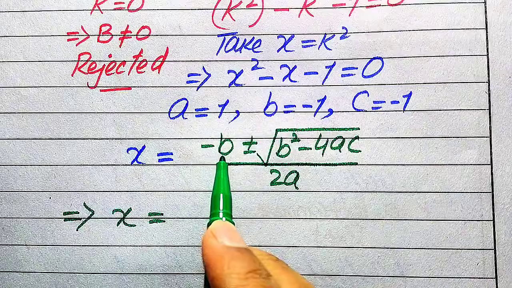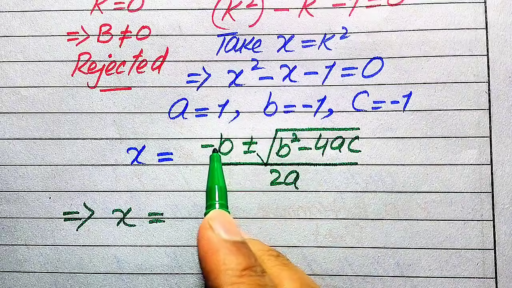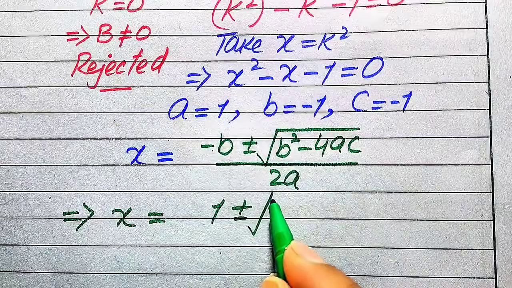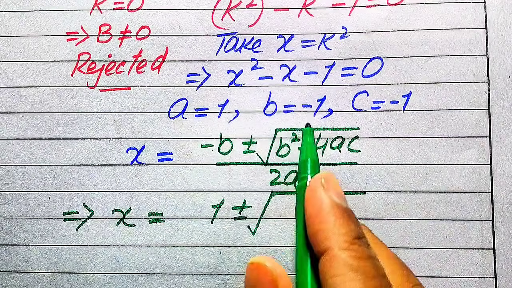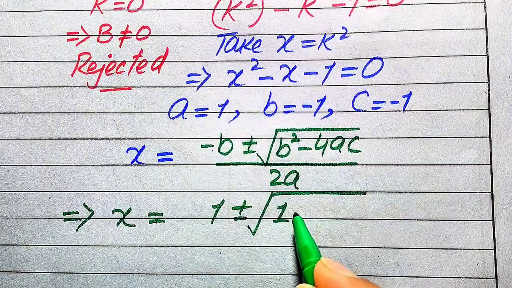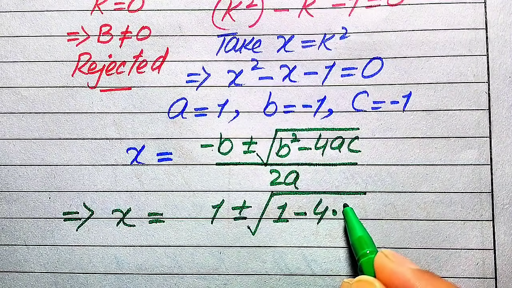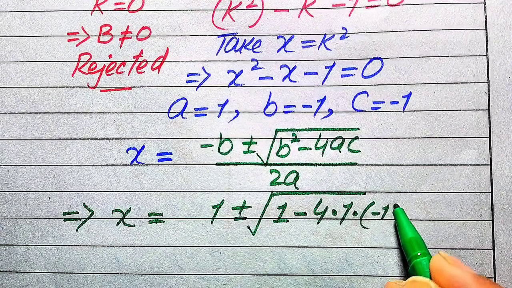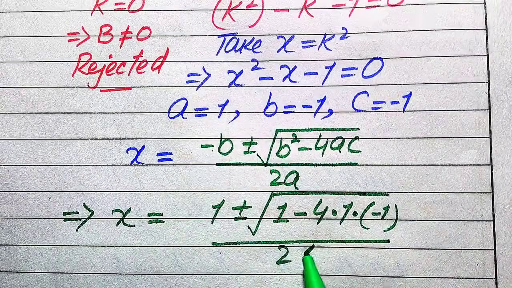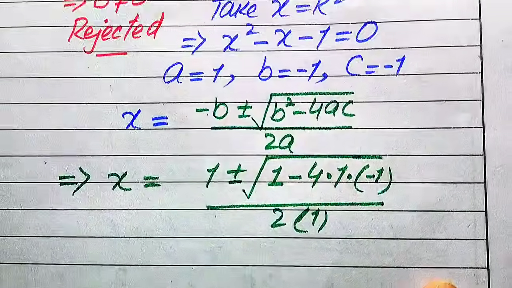So the value of b is minus 1, so when you put it here it becomes minus times minus becomes plus 1, and plus minus square root of b square. So b is minus 1, and minus 1 square becomes plus 1, minus 4 times a is 1, and c is minus 1, and it is divided by 2 times a. So here our a is equal to 1.